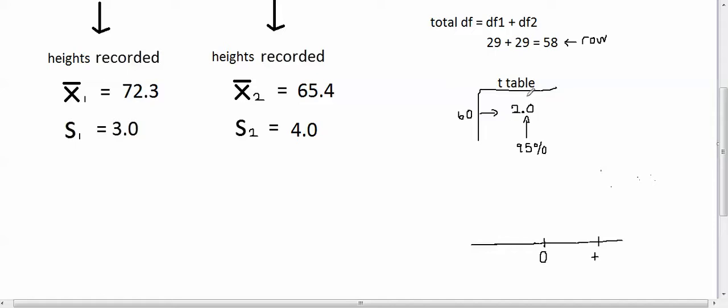The critical value that comes from the table is a positive number. Then I'm going to mark its opposite down here. The opposite of 2 is negative 2. I just put a negative sign in front of it, and I put 0 at the middle.